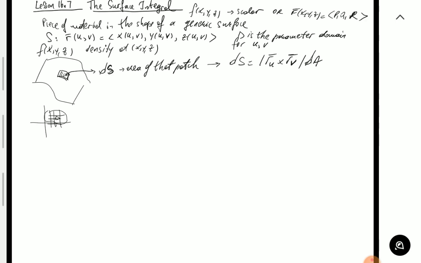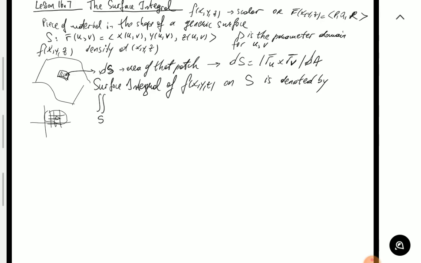So with this motivation, the surface integral of f(x,y,z) on S is denoted by the double integral symbol over S. This S indicates that this is a surface integral, and then the function to integrate, f(x,y,z) dS.